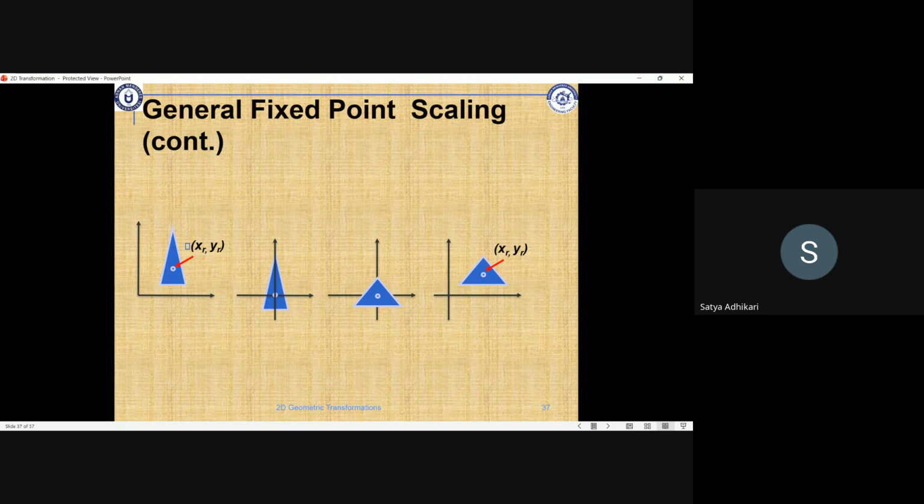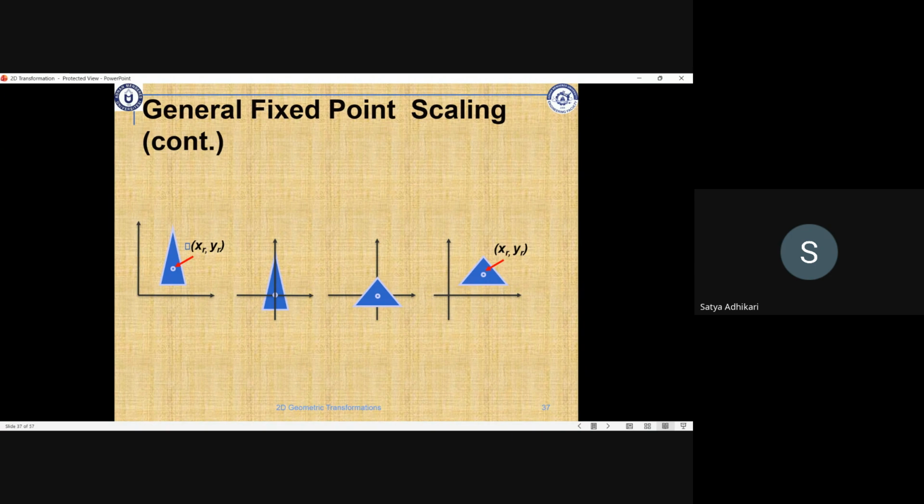You see, this is the scaling about the point xr, yr. About the point xr, yr means that point will not change. You see, the position of xr and yr in the initial position and final position has not changed, it remains unchanged exactly. The other points in that figure change, but that point is not changed.